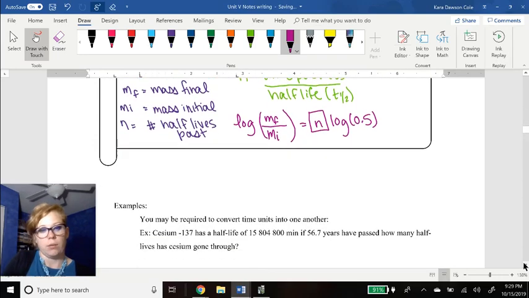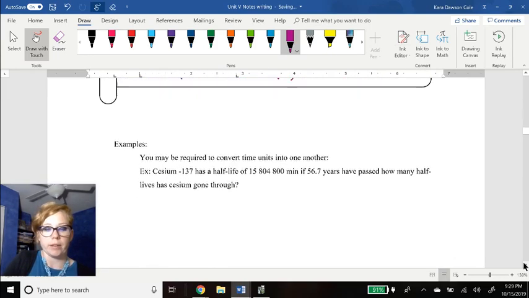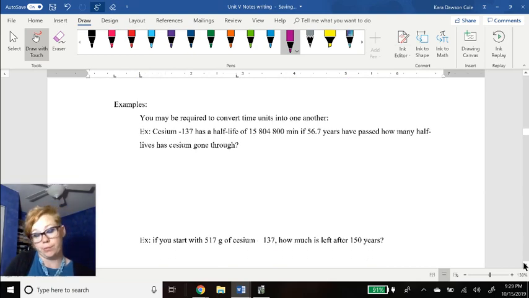All right. You may actually be required to convert time units into one another.